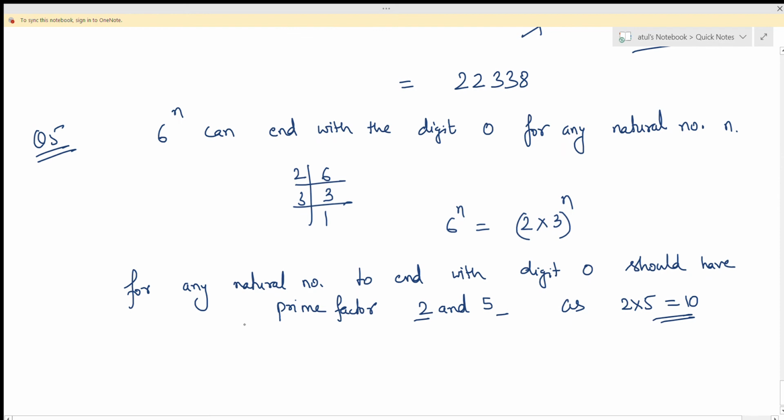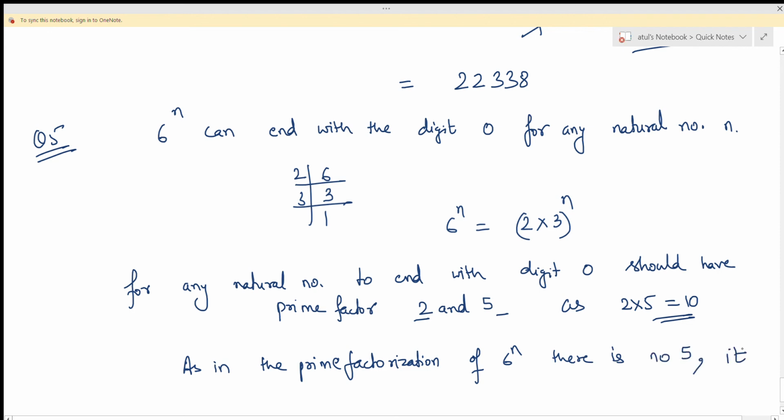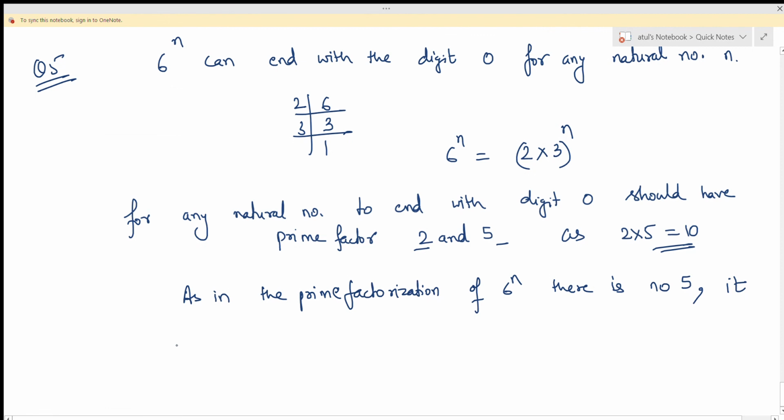Sorry. So as in the prime factorization of 6 raised to the power n, there is no 5, it will not end with digit 0 for any natural number.